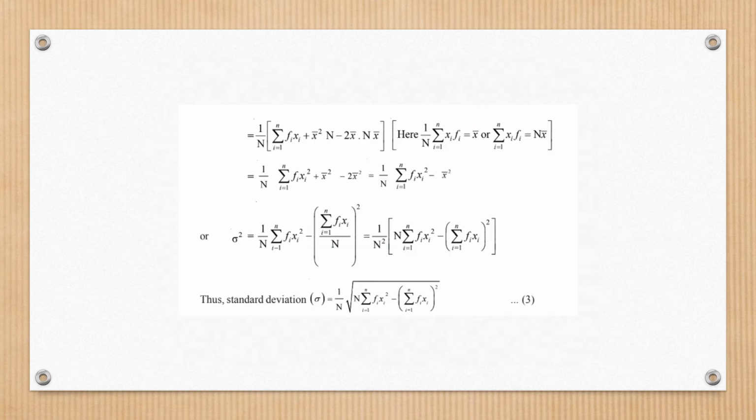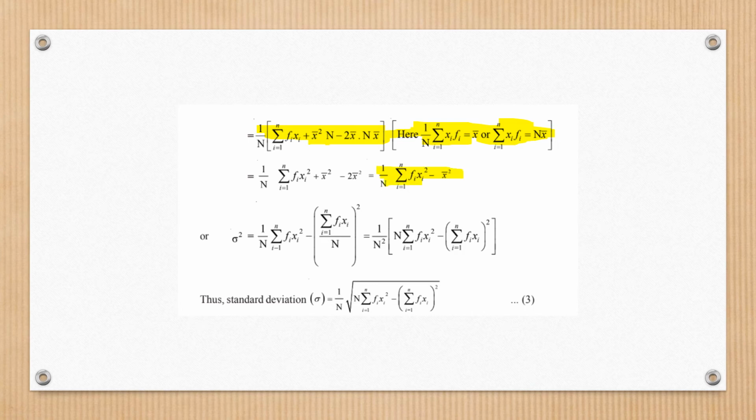Then summation fi xi upon n is x bar, or we say that summation fi xi is n x bar. So we will replace it by n x bar, and it will give me this formula. So this formula can be converted in this way also.